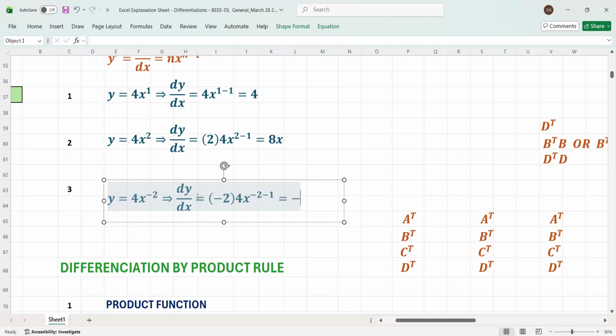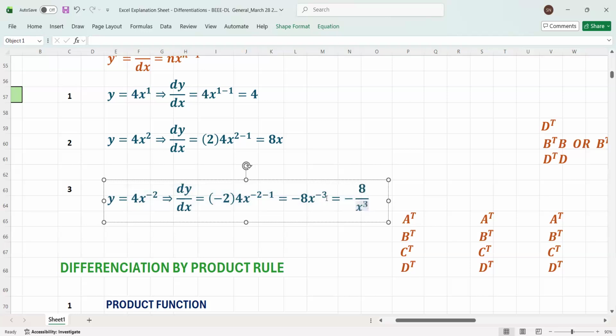Sorry, it's not negative 4. 4 times negative 2 gives you negative 8x raised to the power minus 3. And I hope you know that minus 3 simply means that this should be 8 over x cubed. If you want to write this, it should be negative 8 divided by x raised to the power 3.